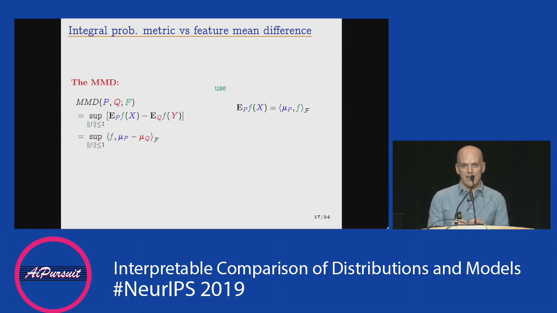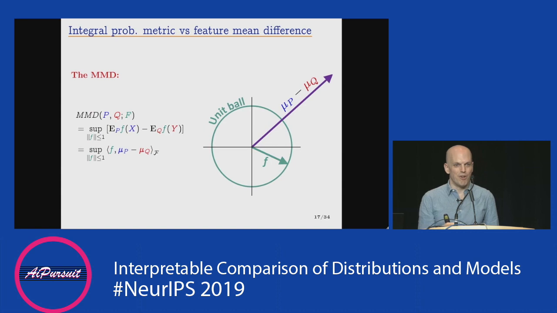So then I've got my dot product between my coefficients f and my differences of expected features under P and Q. Now look at the unit ball constraint. I need to solve that optimization problem subject to a unit ball constraint. So let's look at that graphically. Here I've drawn the vector of differences of expected features, mu_P minus mu_Q, and now I've got my little f in a unit ball, and I need to maximize that dot product. So what is the f that maximizes that dot product? So it's not this one or this one, right?